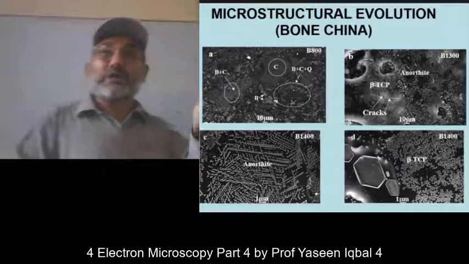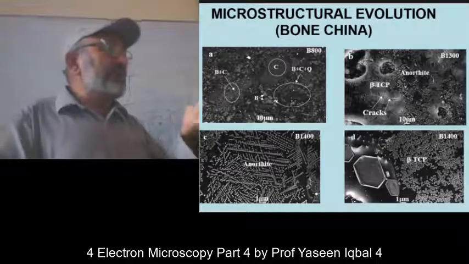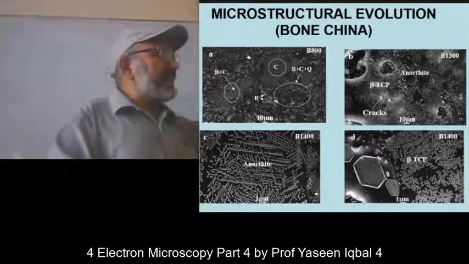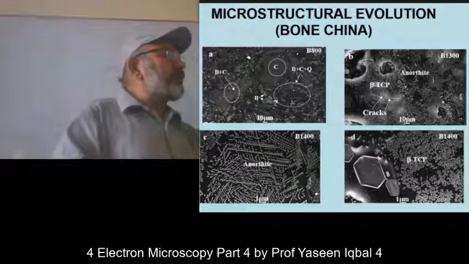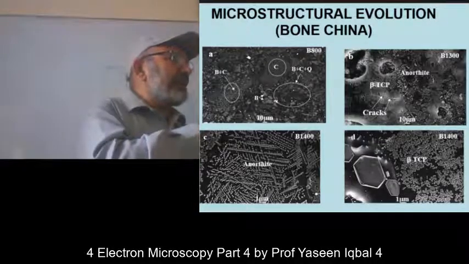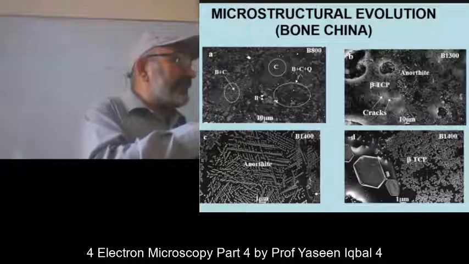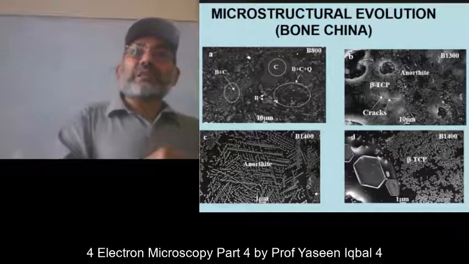So the total volume of the sample you are studying is the thickness into area of that. So 1 millimeter into 1 millimeter is the area, for example, and thickness is 20 nanometer.